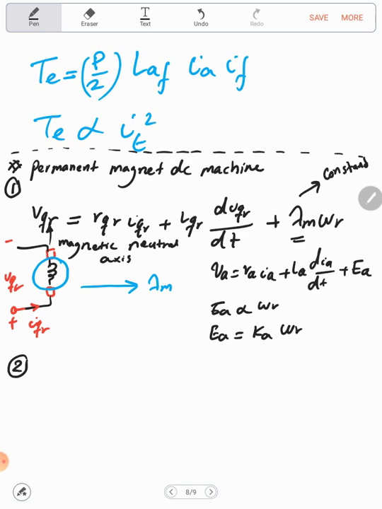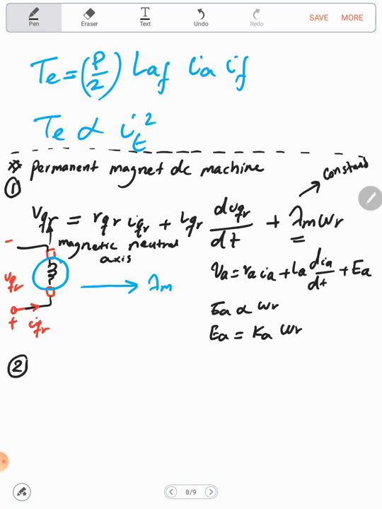Now, if we have an armature reaction, which means that the current in the armature produces a flux that weakens the main flux, sometimes we will shift the axis of the brushes in order to eliminate the armature reaction. So this will be your task.